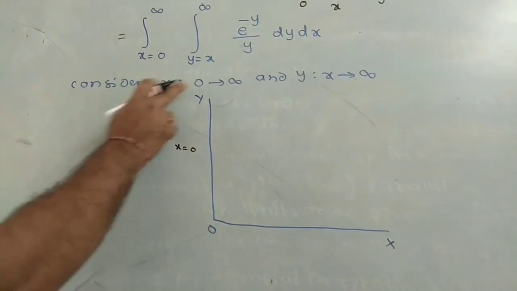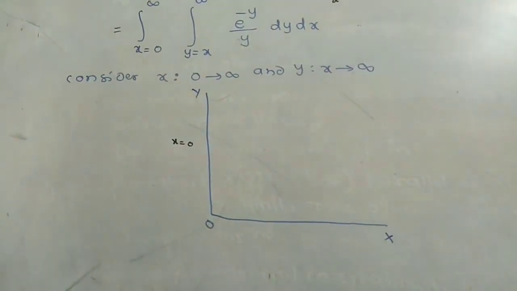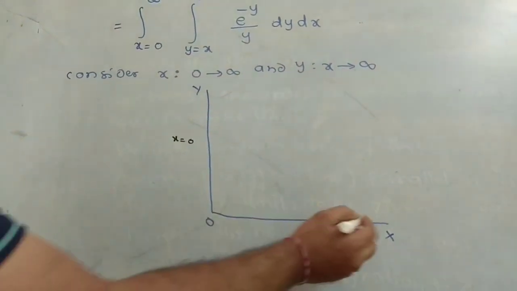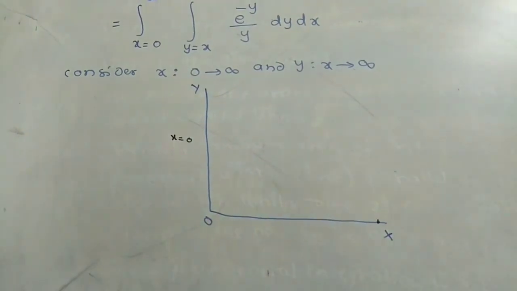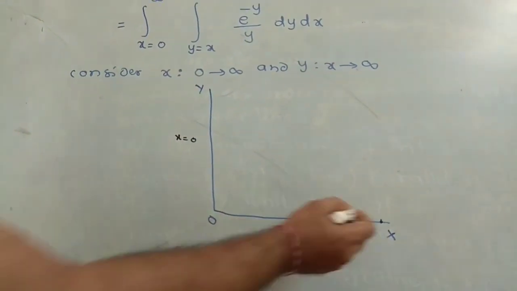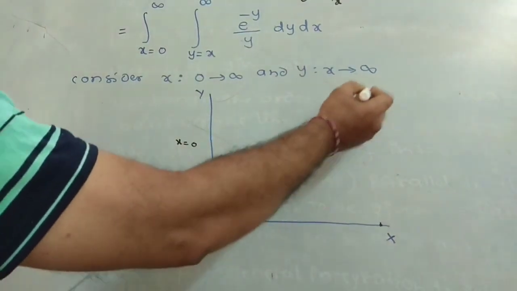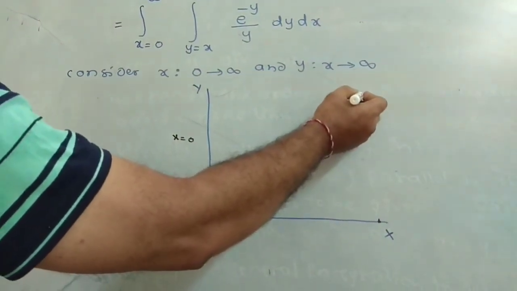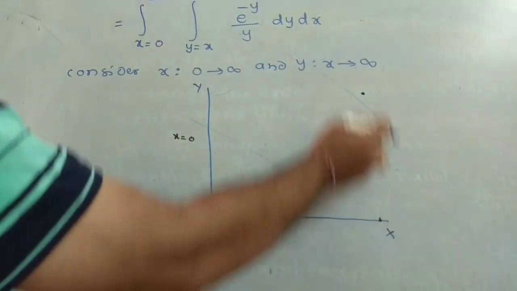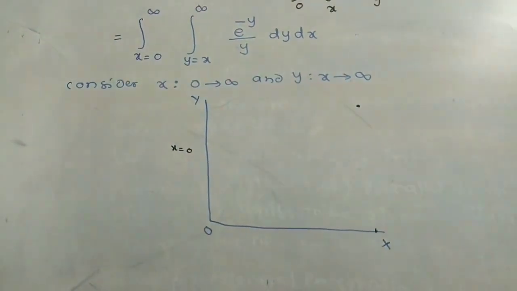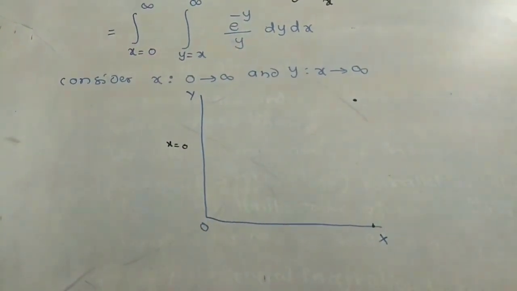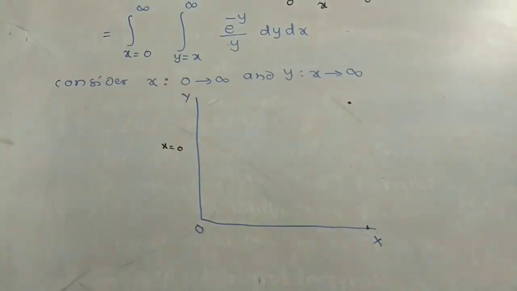The next is x equal to infinity. Where do you get x equal to infinity? Supposing that this is the infinity, I locate that infinity point here somewhere. So this is your x equal to infinity value. Now coming to the next limits.